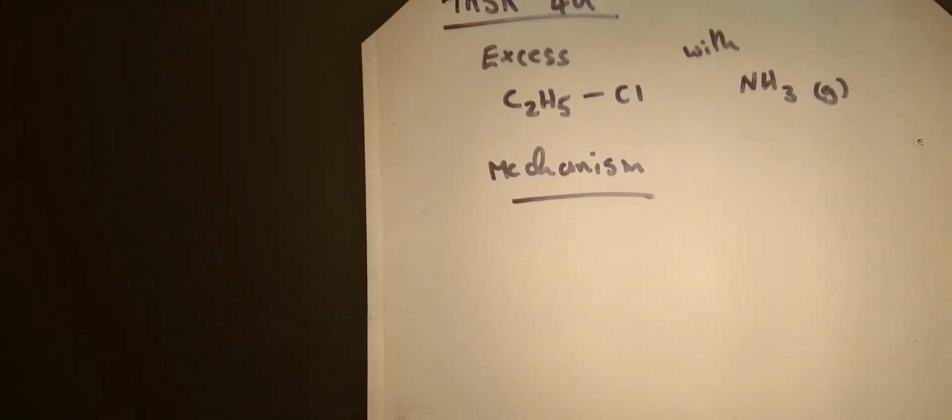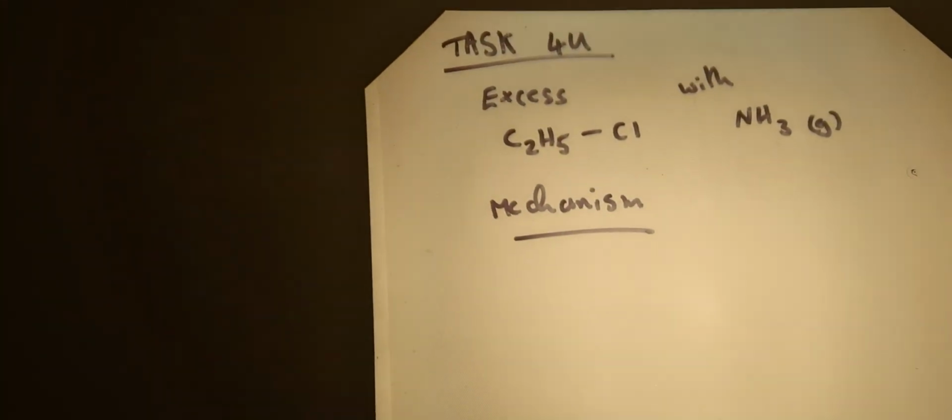And then it will carry on to react to make secondary amine and tertiary amine and ending on quaternary ammonium salts. I want you to do the mechanism. Do that now. I'm going to pause the video there.